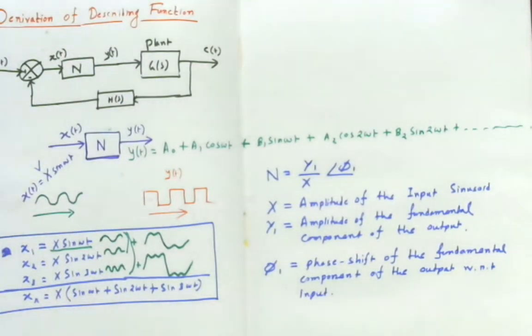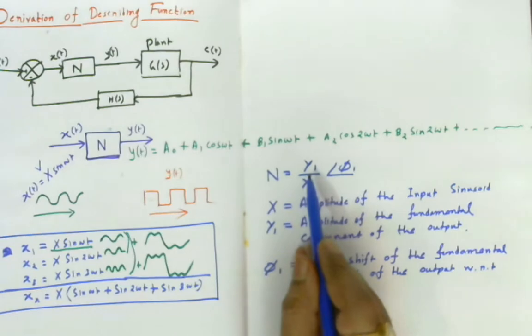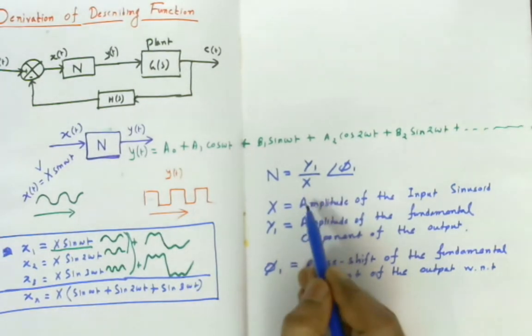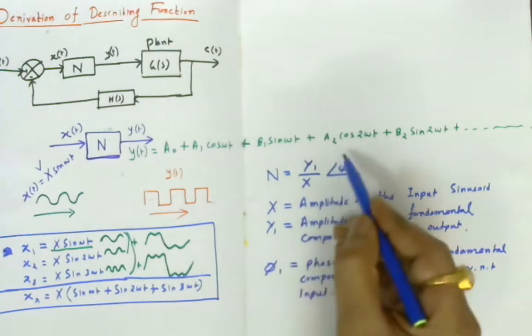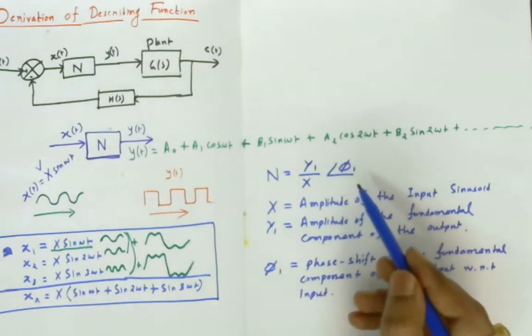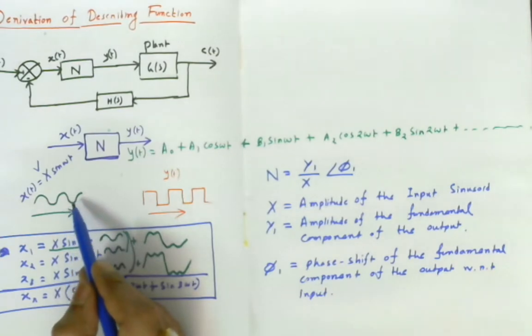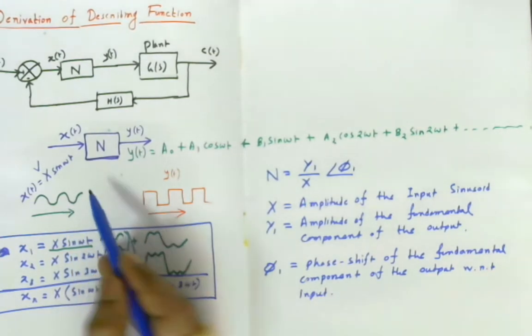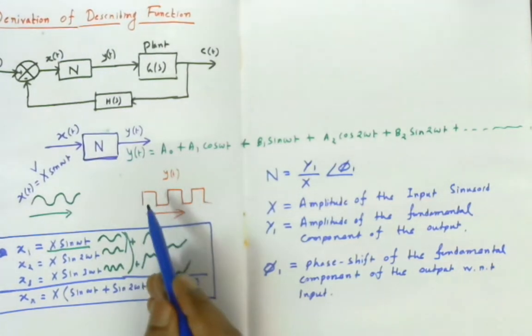Now let's have a very closer look on this. So what is the definition of describing function? A describing function is a ratio between the amplitude of the fundamental component of the output to the amplitude of the input, and phi 1 is the phase difference between the output fundamental component and the input sinusoid. As I have explained, the input is always sinusoidal for deriving the describing function. The output waveform is periodical, and the shape of the periodical waveform depends on the type of the nonlinearity.